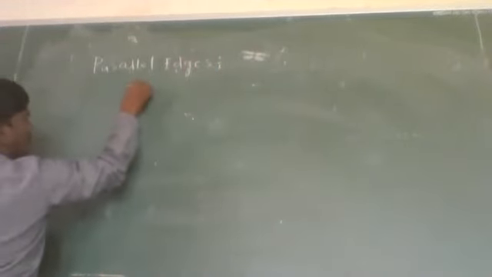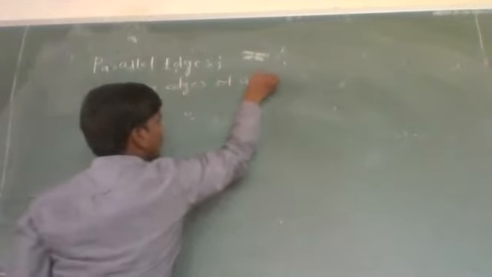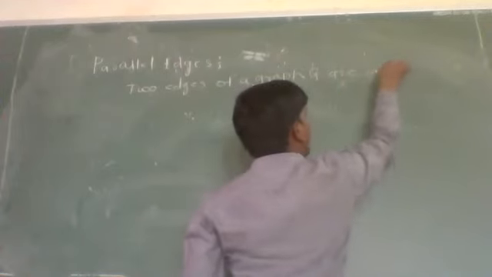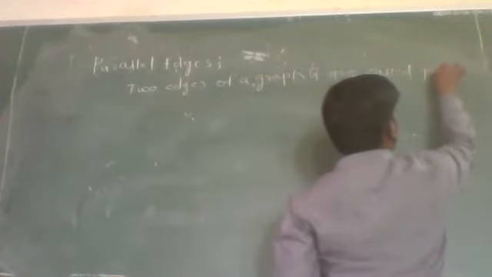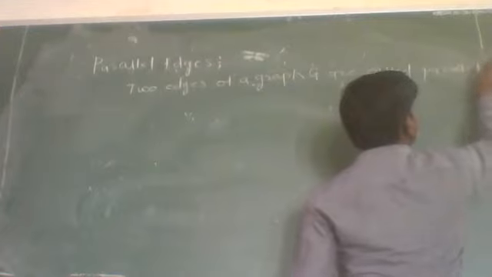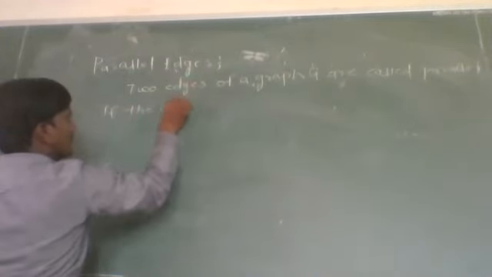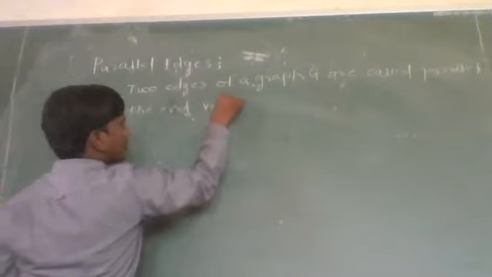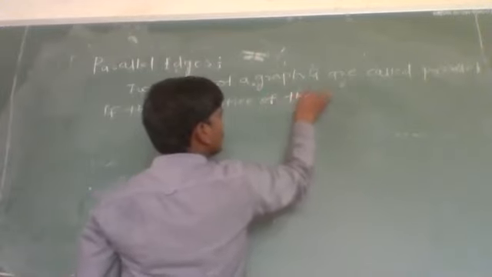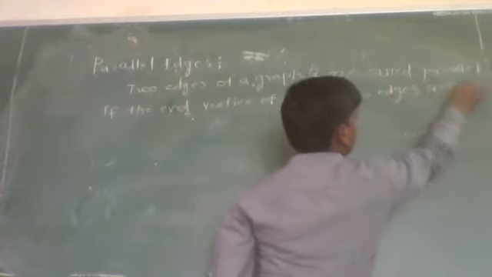Two edges of a graph G are called parallel if the end vertices of these two edges are the same.